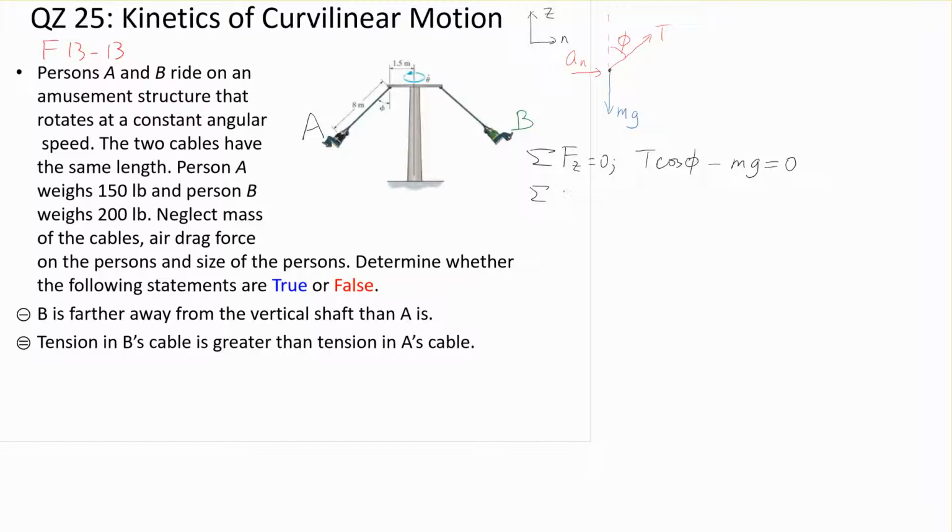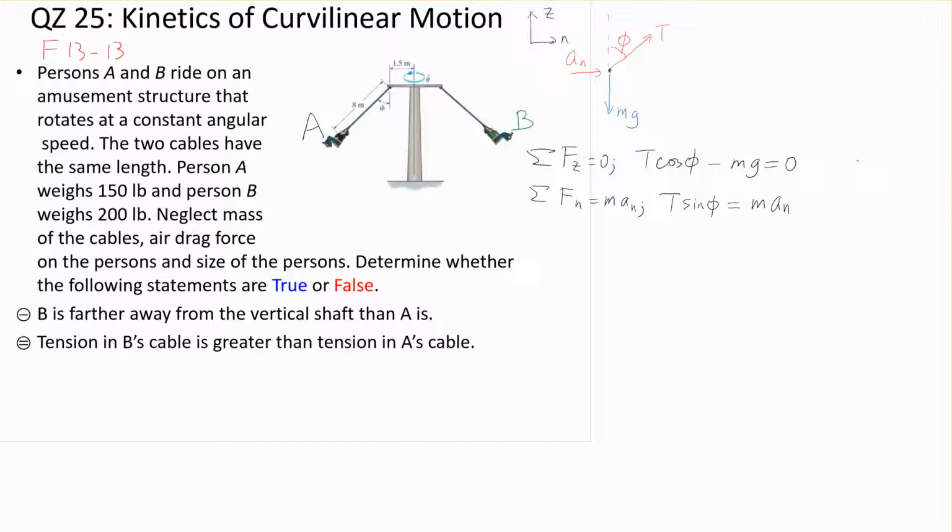The kinetics equation in the normal direction: the sum of forces is equal to m a sub n, a sub n being the centripetal acceleration. The only force in that direction is the component of T in that direction, equal to m a sub n.